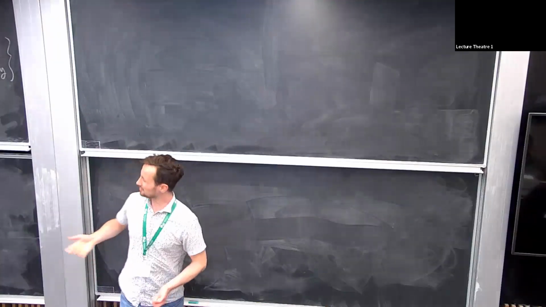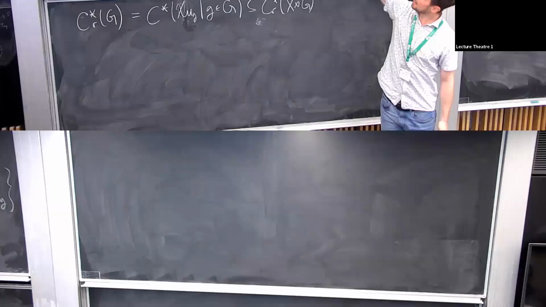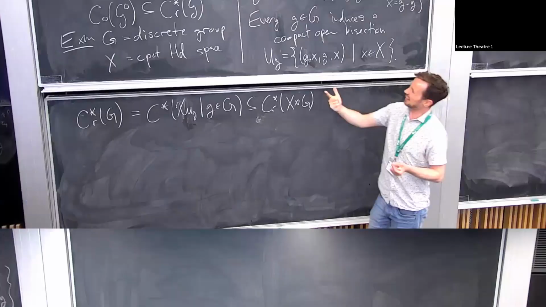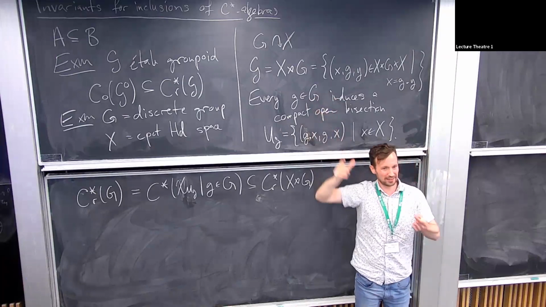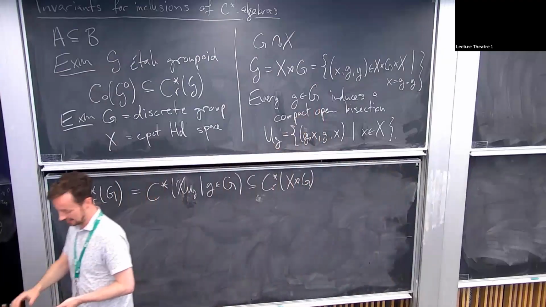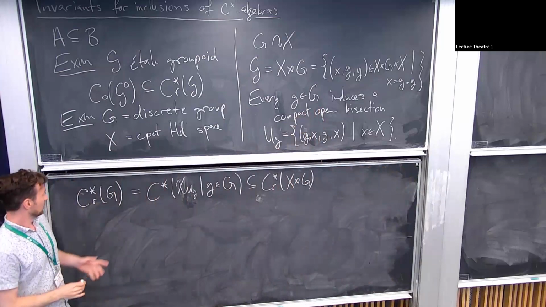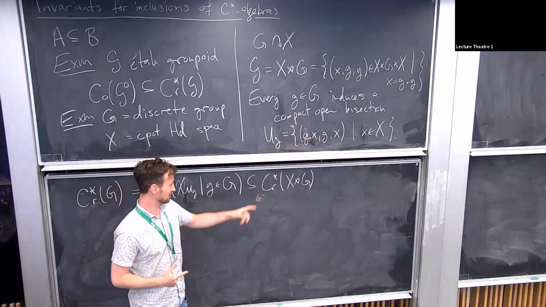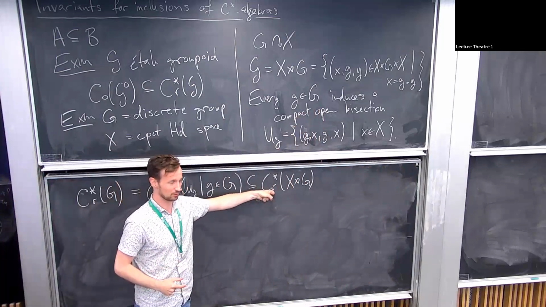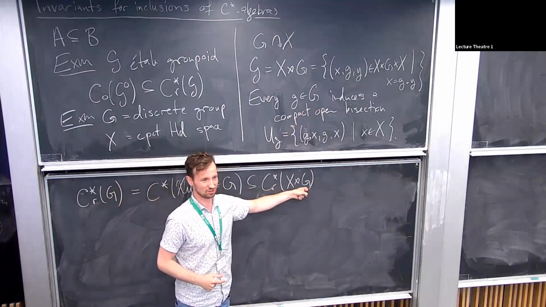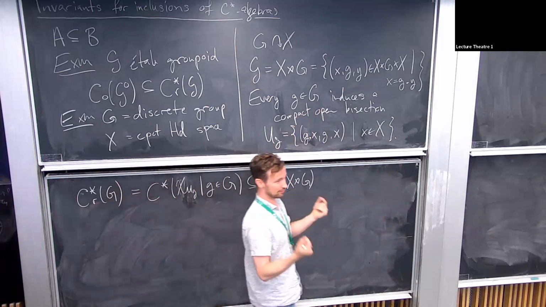So I consider this as an example where instead of just considering the groupoid and inducing a C-star algebra, I take a groupoid but also remember a bit more of where it came from: it was constructed as a transformation group. For the C-star algebraists, the way I would really think about this is that this is a crossed product C-star algebra, which means it's generated by a copy of C(X) and a copy of the reduced C-star algebra, kind of like how you do a semi-direct product of groups.